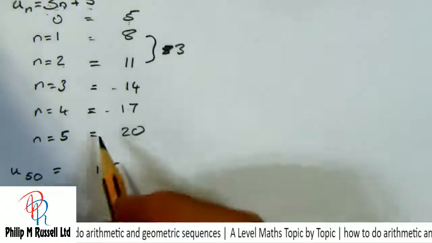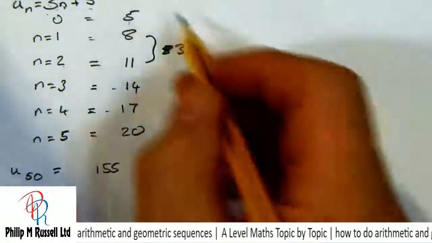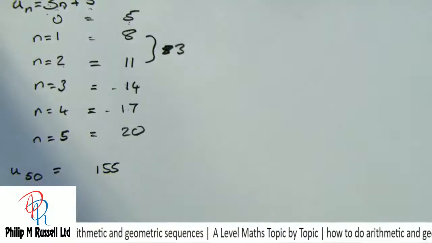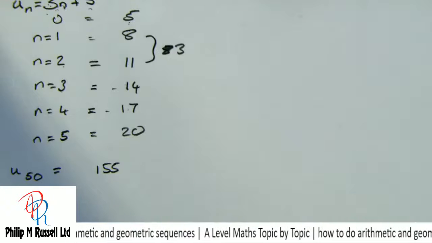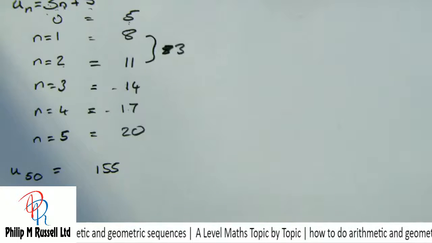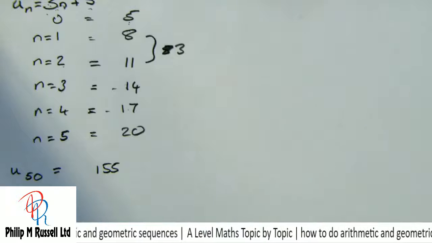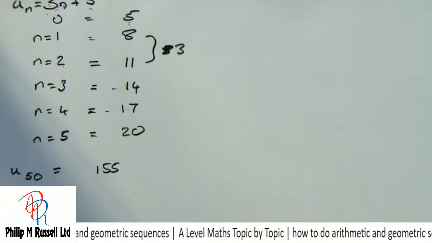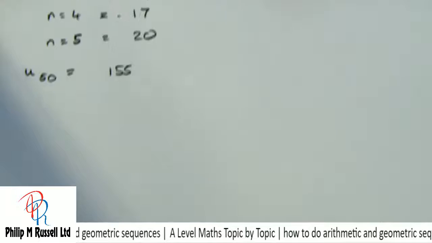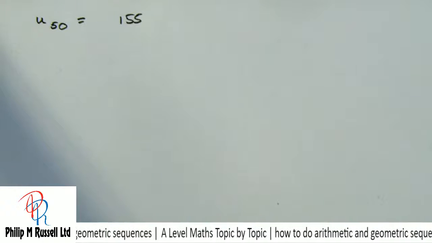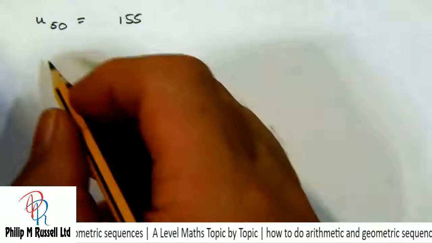Now, these are relatively easy things to do. Sometimes you might get this problem given to you another way. Let's suppose we've got a sequence which goes something like this.